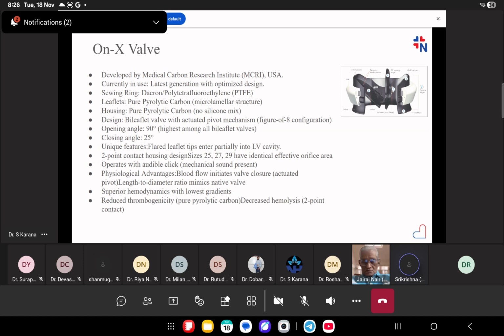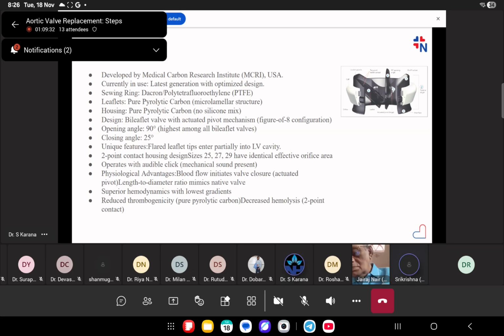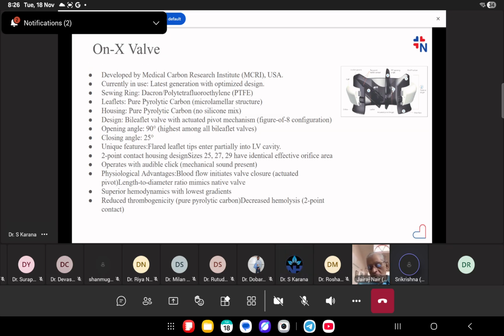In the St. Jude valve, it is a fixed hinge point, which causes problems with thromboembolism and is prone to clot formation. Whereas in Onyx, there is a movable hinge point so that it gets washed out easily. There is no fixed hinge point. This is very important in the design.